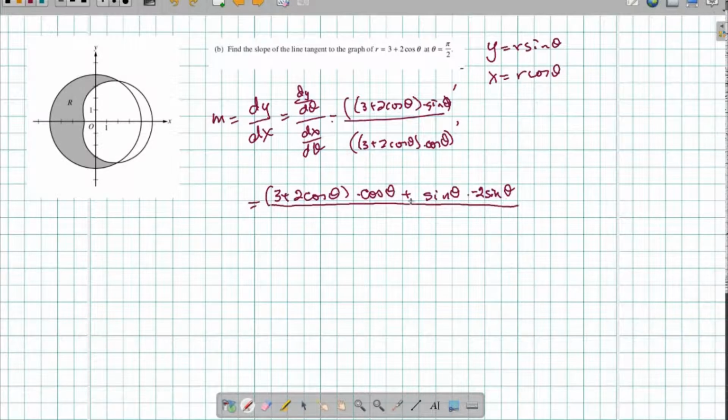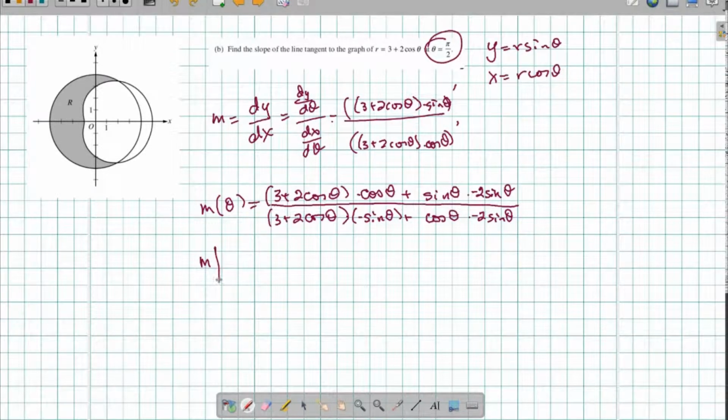Over here, I'm going to have the first times the derivative of the second, which in our case is negative sine theta, plus the second, cosine theta, times the derivative of the first, which is negative 2 sine theta. Now, they give us theta equals pi over 2, and this is my formula as a function of theta.